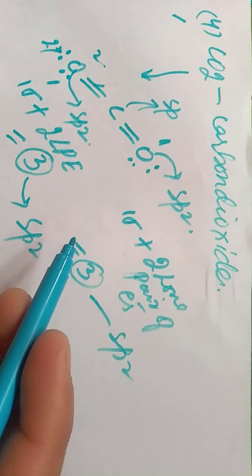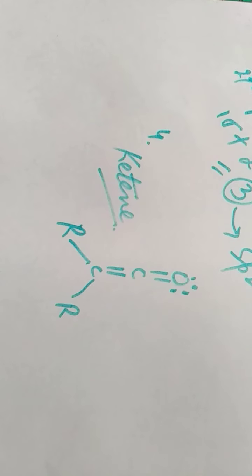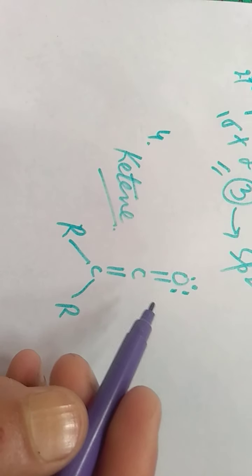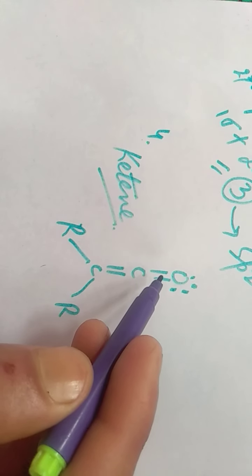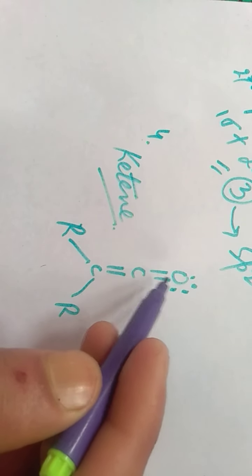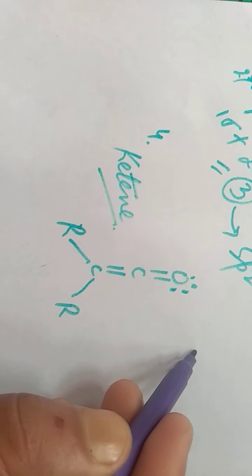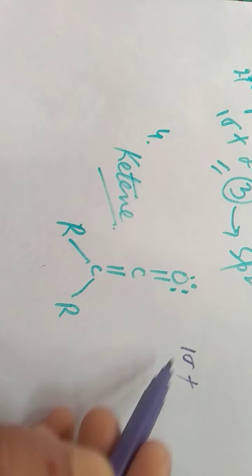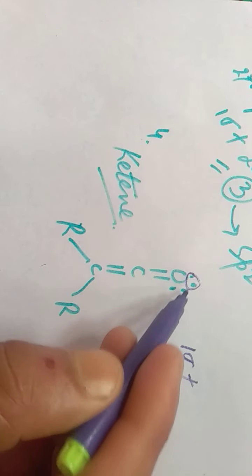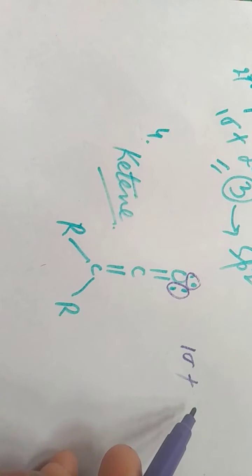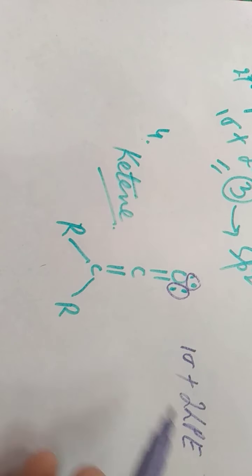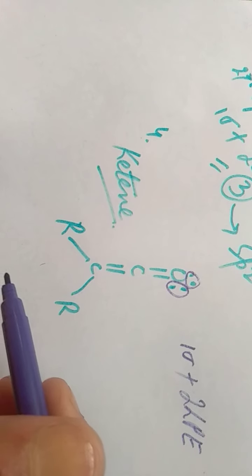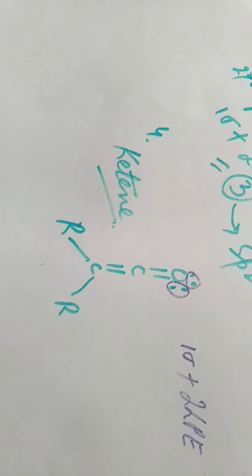Now we move to our next example. This is our ketene. So we start from this oxygen atom. One sigma bond is linked to this oxygen atom. One sigma bond plus 2 lone pairs of electrons are there.